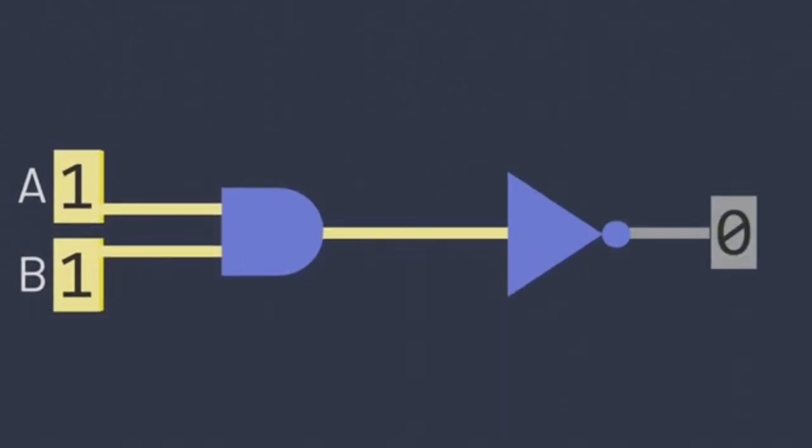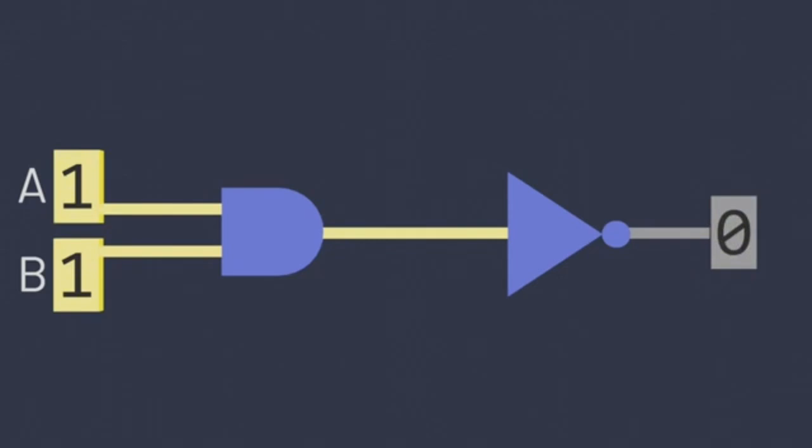If both inputs are 0, the AND gate will output a 0, and the NOT will turn that 0 into a 1. If only one of the inputs is a 0, nothing changes. But if both inputs are 1, the AND gate will output a 1, and the NOT will turn that 1 into a 0.